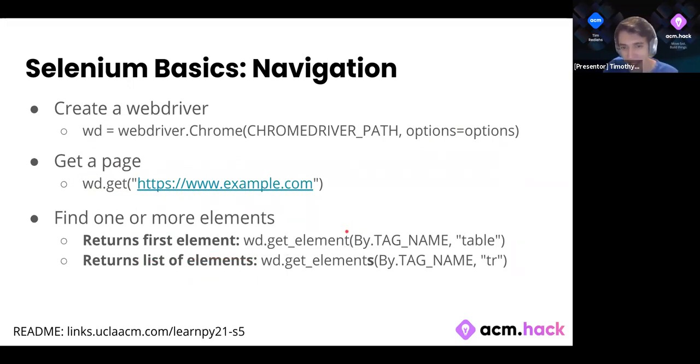And this is where the By object comes into play. You'll say driver.find_element or find_elements, and then say what you're searching by. In this case, I chose tag name. And then you can say get the first element that is a table, or get all elements that are a table row, the tr element.